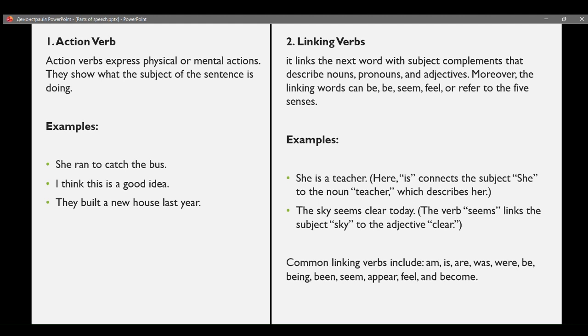The sky seems clear today. The verb seems links the subject sky to the adjective clear. Common linking verbs include am, is, are, was, were, be, been, seem, appear, feel, and become.